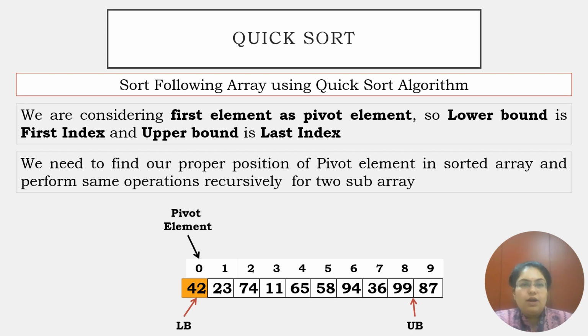We need to find the proper position of the pivot in the sorted array, and then repeat this for each and every sub array of it. So for now we have selected our very first pivot, which is the first element, the lower bound is the first position, and the upper bound is the last position.